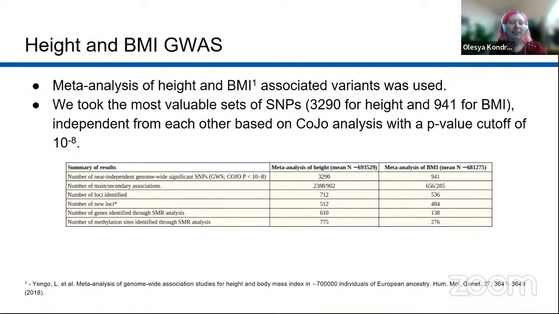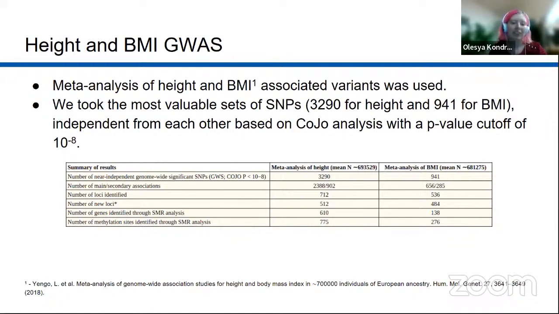In this study, we tried to estimate the degree of transferability of the GWAS results conducted on European population to Central Russia population. We used two traits that have been previously extensively investigated for inheritance: height and body mass index.